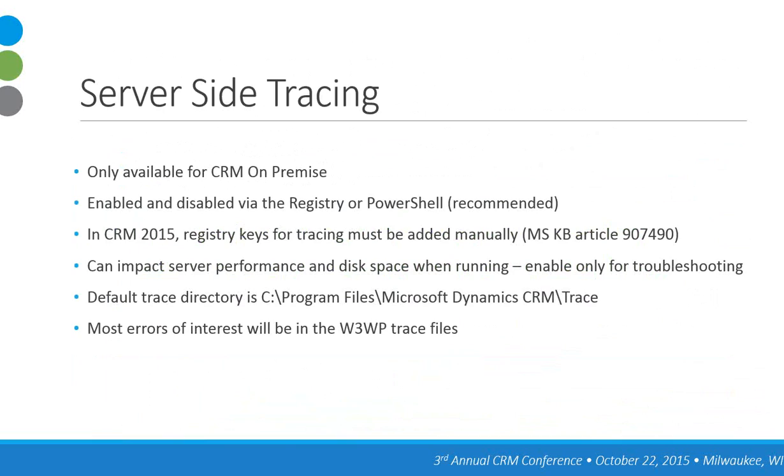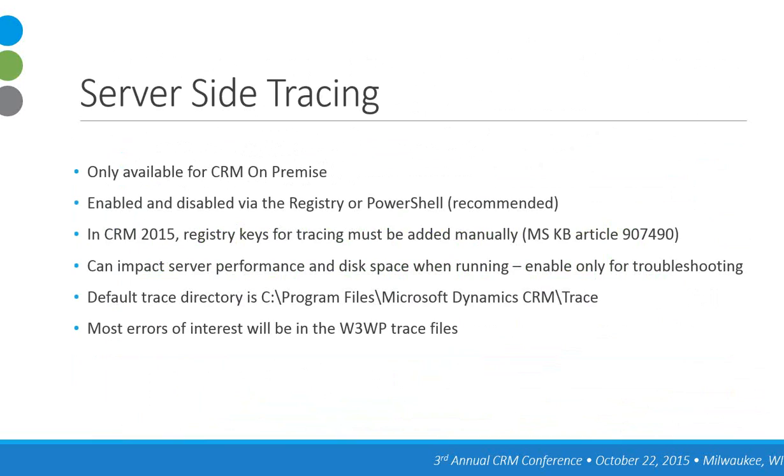Now, when server-side tracing is on, it can impact server performance, and the logs can be very large, so watch your disk space when running, and only enable it when you need to do troubleshooting, and then disable it right afterwards. The default trace directory is C:\Program Files\Microsoft Dynamics CRM\Trace. And most of the errors of interest to you will be in the W3WP trace files.